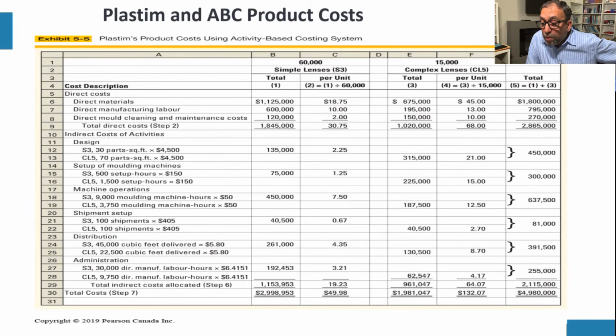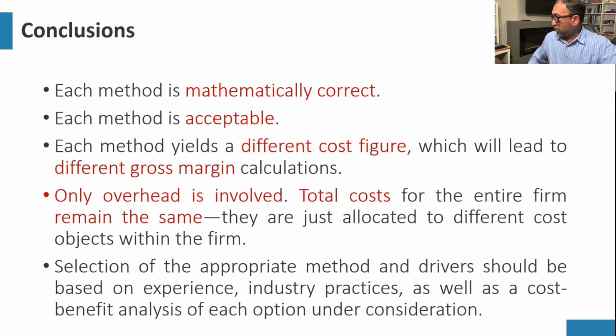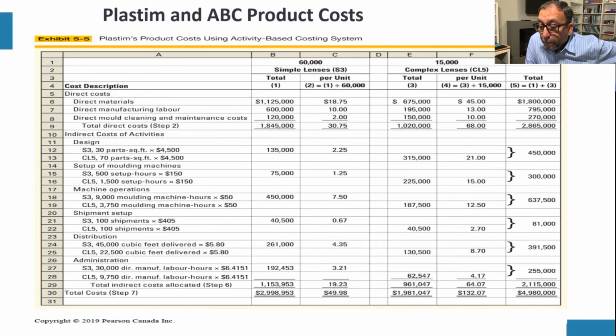Setup of molding machines. Machine operation, we again divide based on the activities. For the simple lens it is 9,000 molding machine hours, and for complex it is 3,750 molding machine hours.